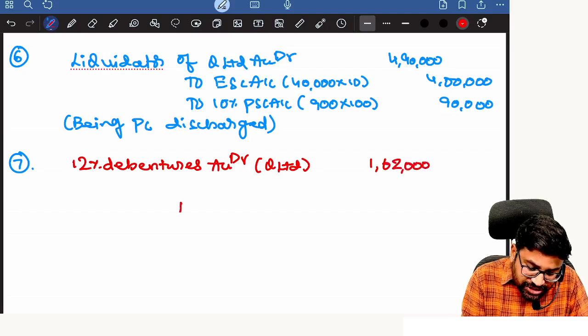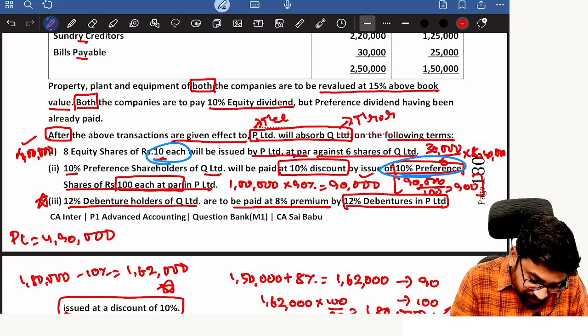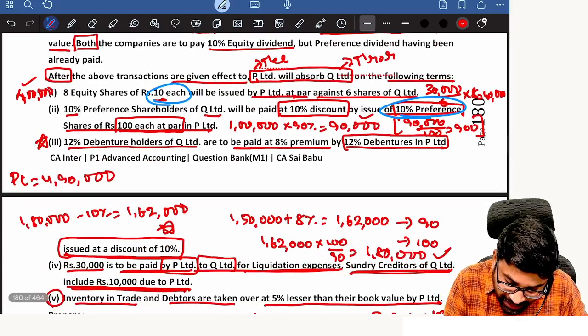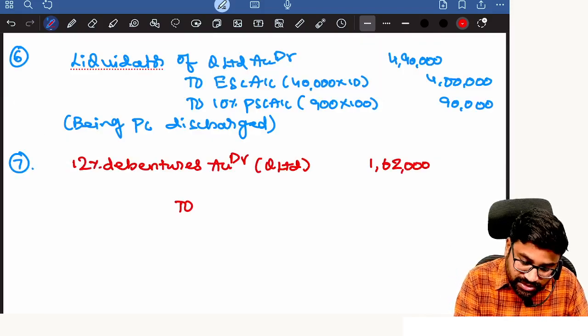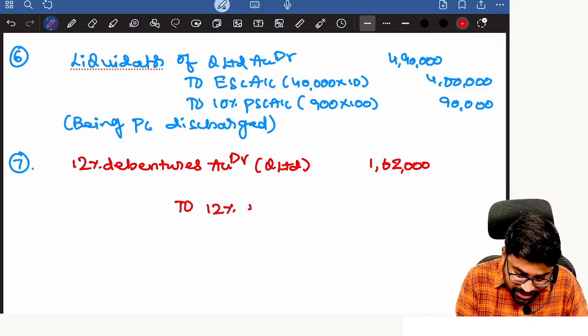And in place of these, we are giving our own debentures. P Limited is issuing 12% debentures against the 12% debentures.